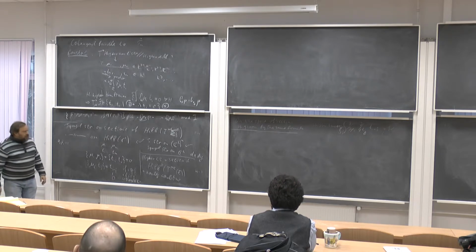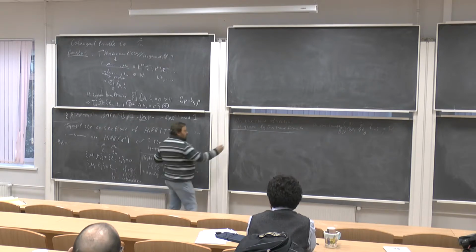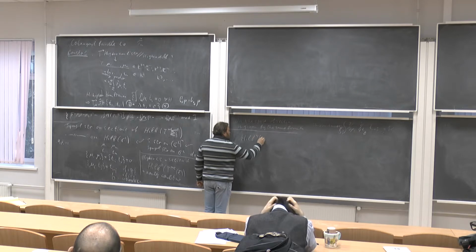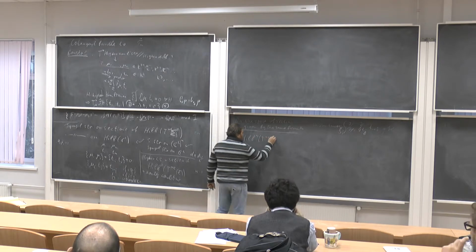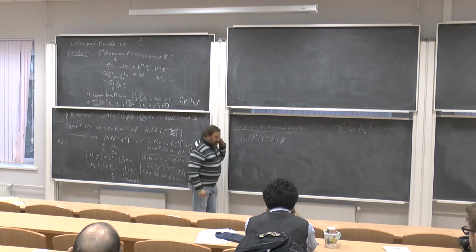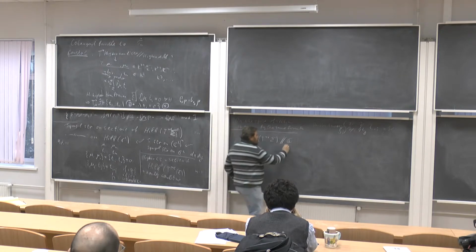The way to go around this, instead of considering the Hilbert space, is to take the Hilbert scheme of n points of T star C of sigma, and take the Hamiltonian quotient by C, which acts by translation. So it's just translations.